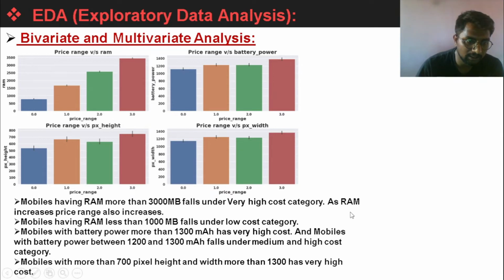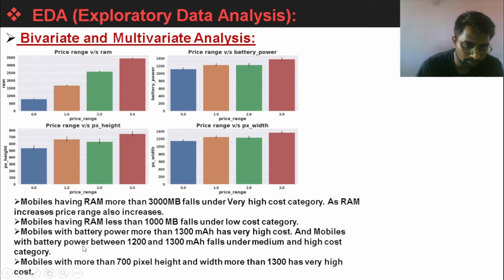As we saw, as RAM increases, price also increases. We can see the increasing bars here. Mobiles having RAM less than 1000 MB fall under the low cost category. This blue candle indicates the RAM having less than 1000 MB.